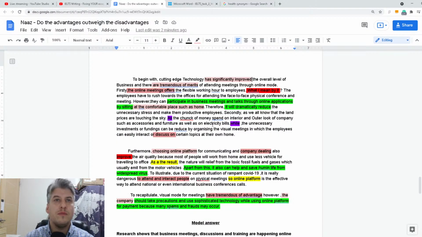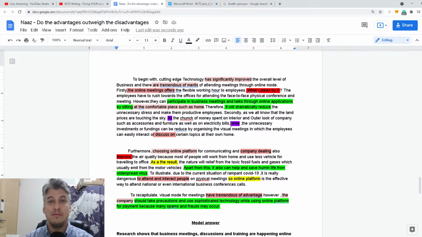Now, there's a bit of an issue with this sentence. So let me read it to you, okay? So it says, as the chunk of money spent, so it should be spent on interior and exterior, the exterior look of the company, such as accessories and furniture, as well as on electricity bills, full stop.